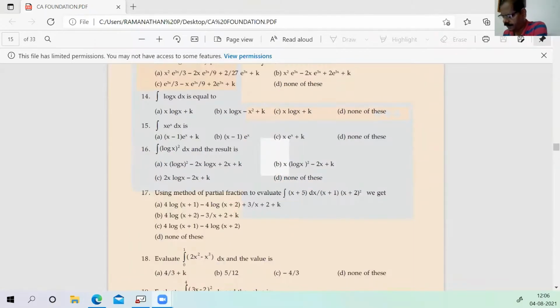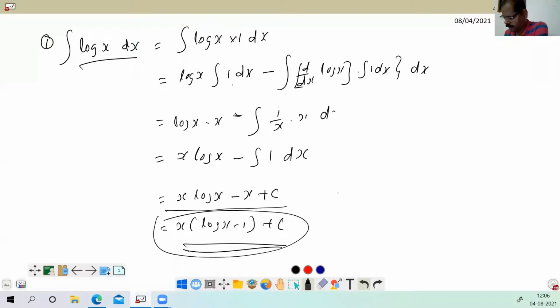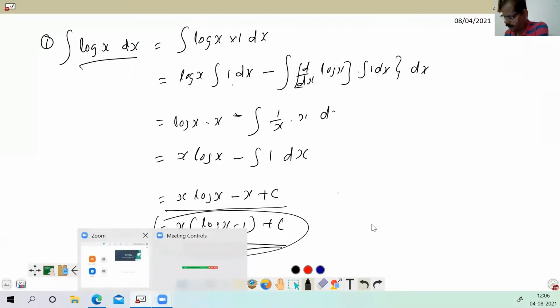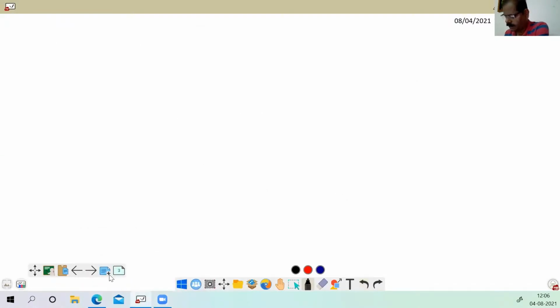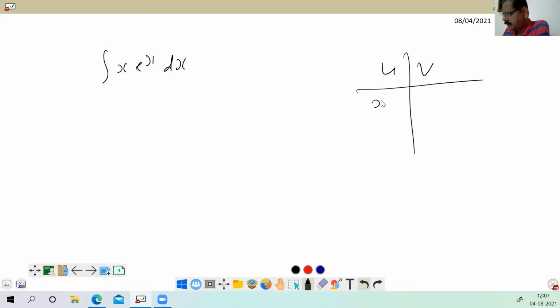15th question, integral x e raised to x dx. So UV, x is the first function, e raised to x is the second function. First we have to write x into the integral of e raised to x, which is e raised to x.